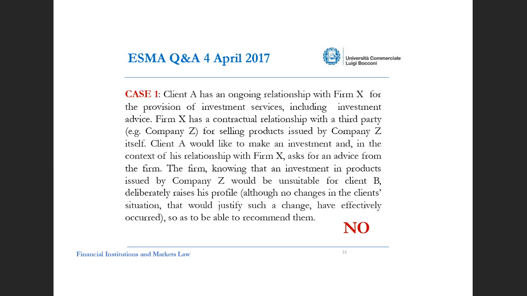Now, you may be surprised that these questions come up in the ESMA Q&A's context, but in fact, it is something that we have seen, unfortunately, happen many, many times.